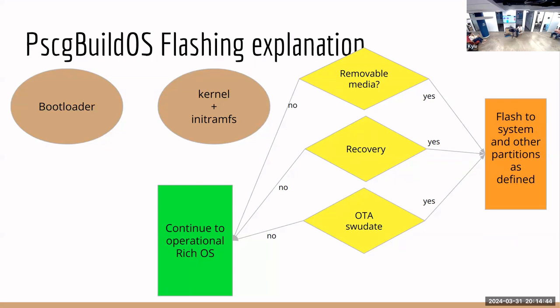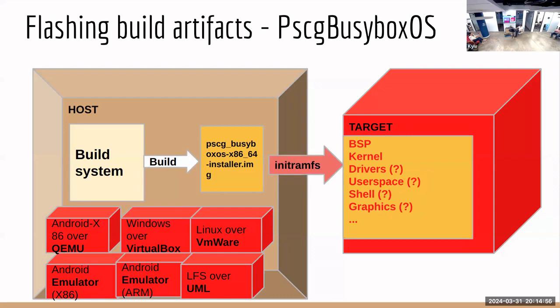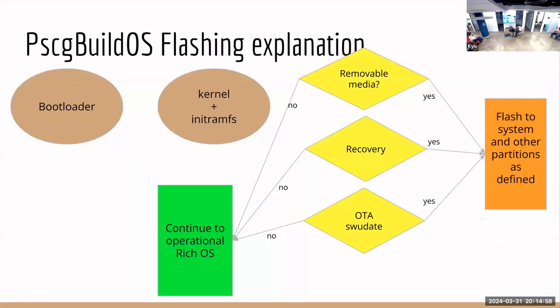So the idea of how we're going to flash: in the AOSP, I had a slide that said, hey, we do fastboot and flash, right? And here we say, okay, flash something in initramfs from fastboot. The idea of how we do this Android fastboot-style flashing here is as follows. We have a bootloader.